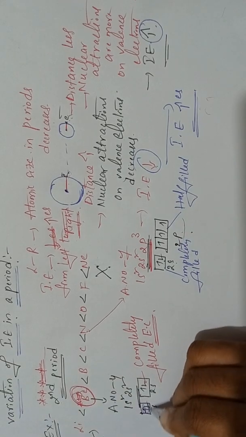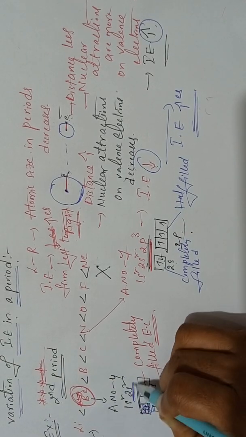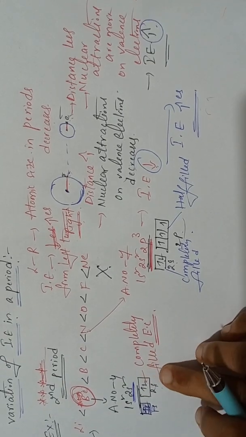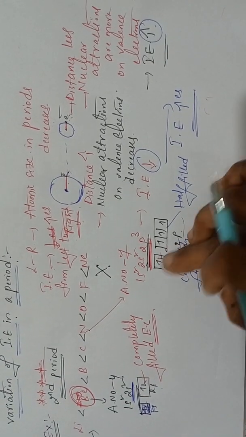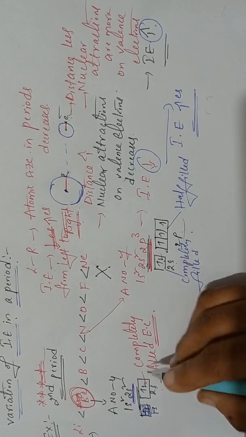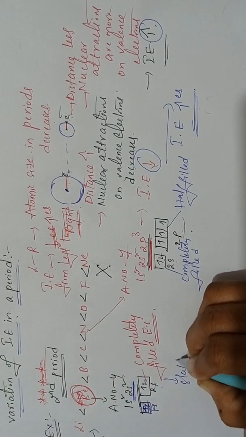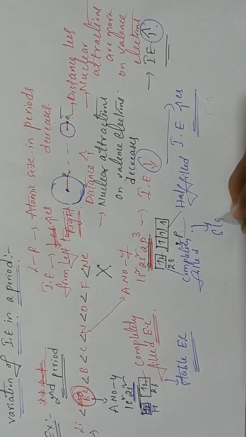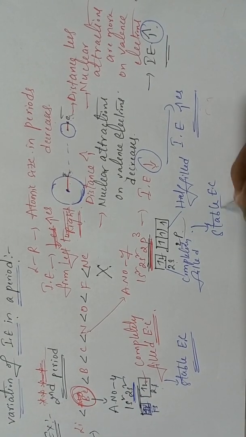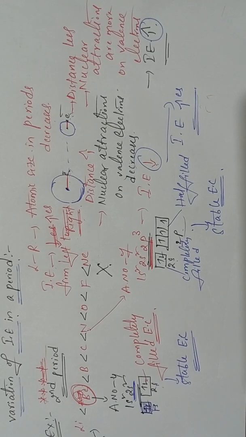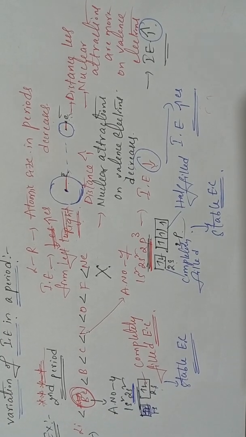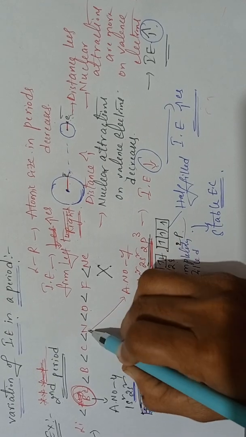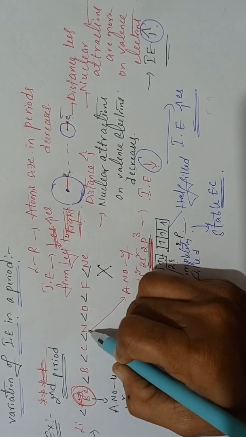Now, take the valence electronic configuration: 2s2 is completely filled, 2p3 is half filled, so those are stable, students. Are you clear? So when compared with oxygen, nitrogen has the more ionization energy.